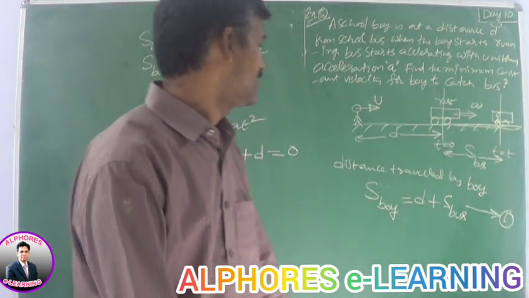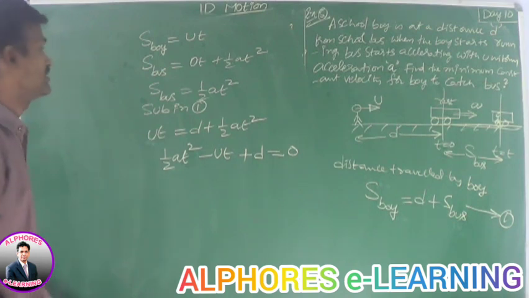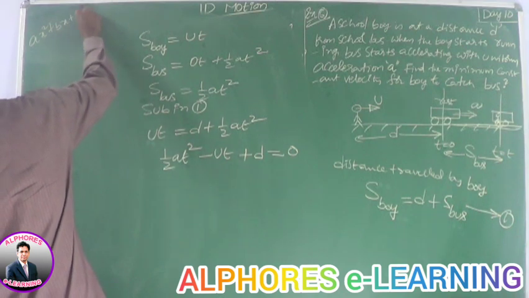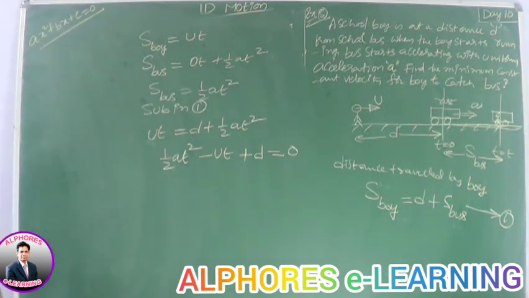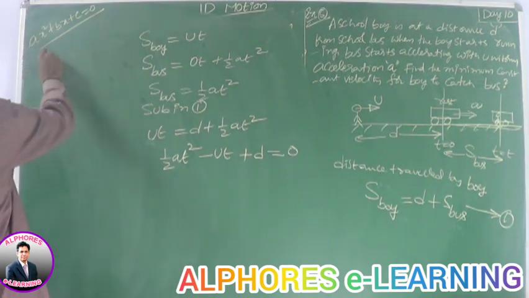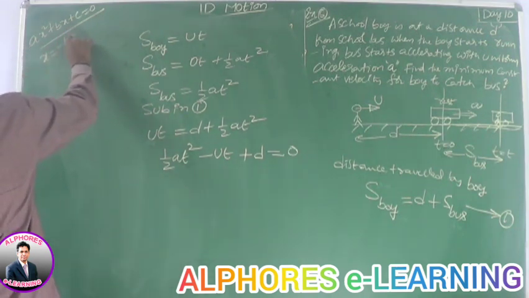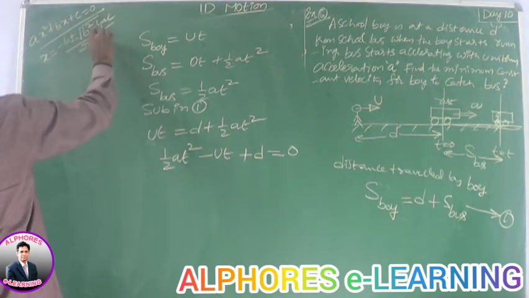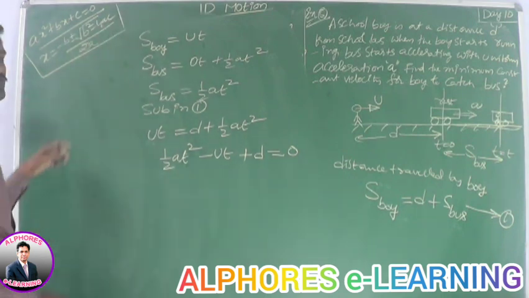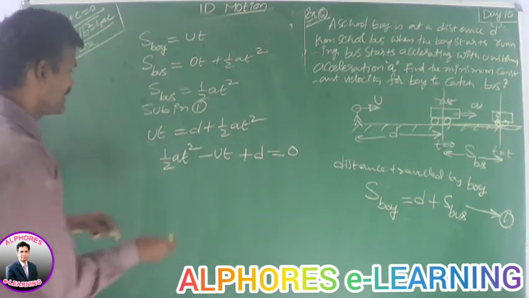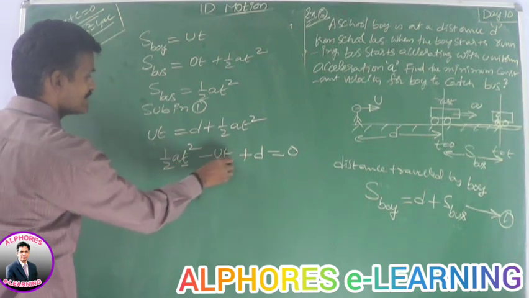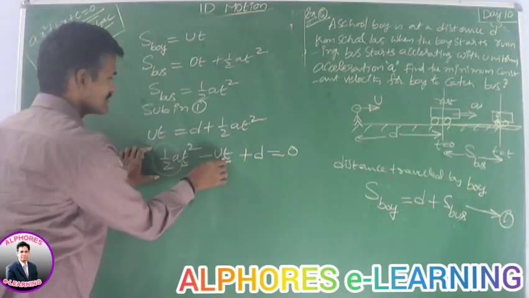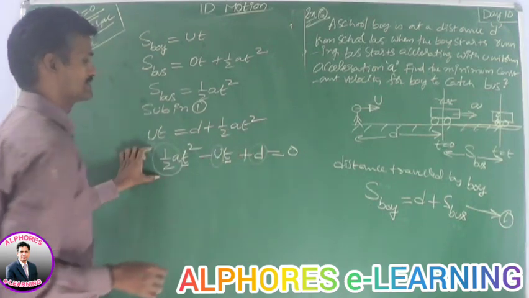We already know that for any quadratic equation we can write the solution. Suppose ax square plus bx plus c is equal to 0 is a quadratic equation. We know the roots of this quadratic equation: x is equal to minus b plus or minus root of b square minus 4ac by 2a. I think you are well aware of this, so that is why I am using it. Here is the t square and here is the t, so I am calling this term a, this b and this c, that is d.